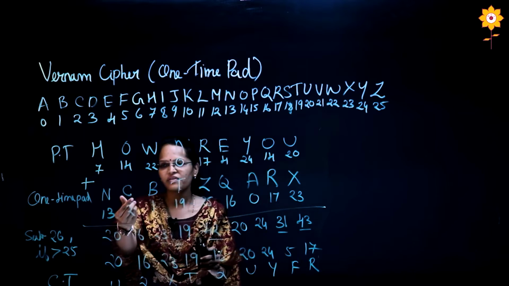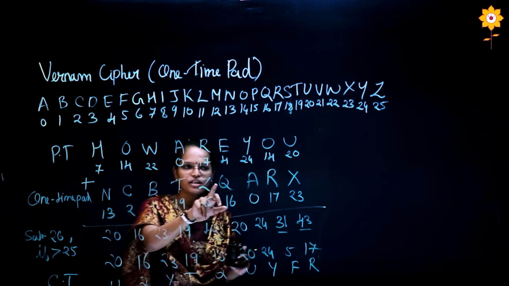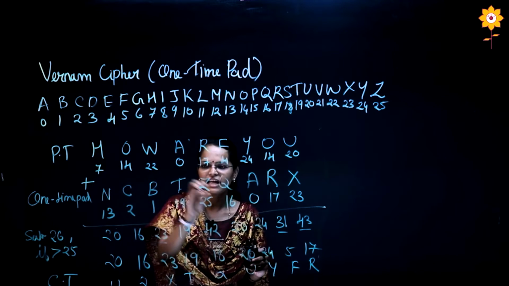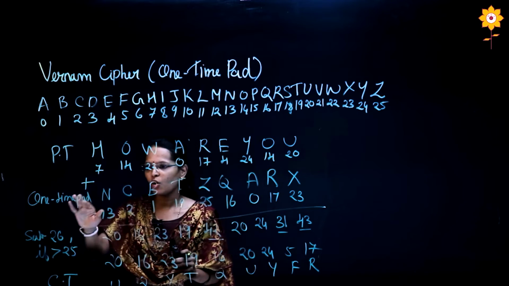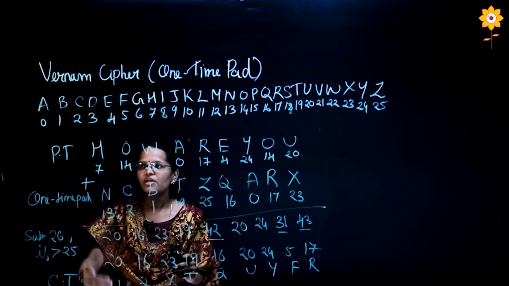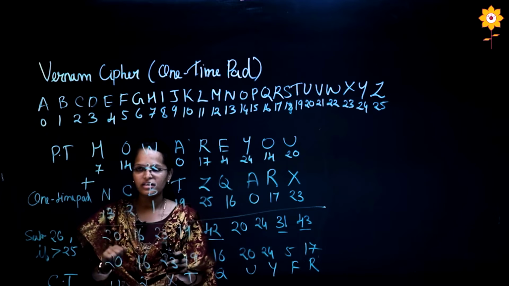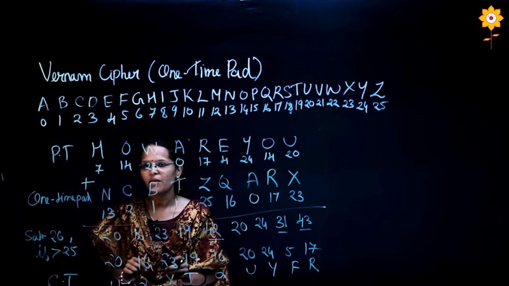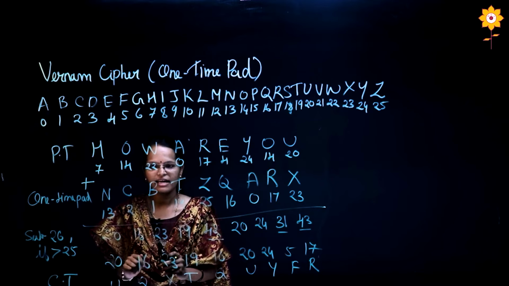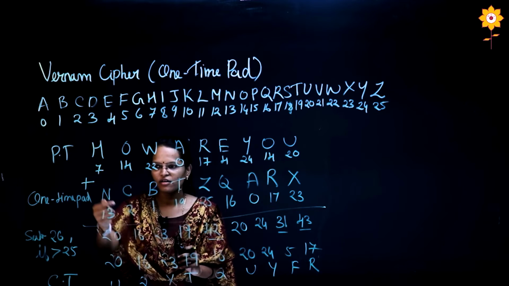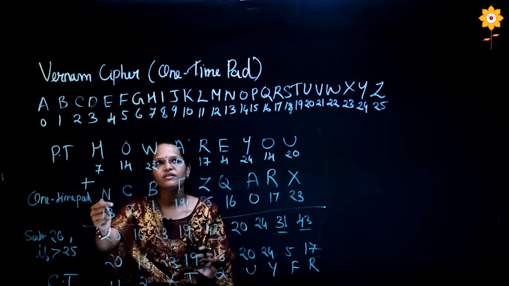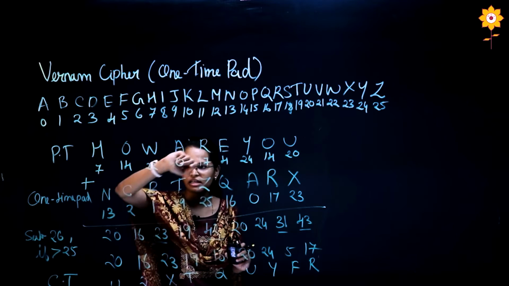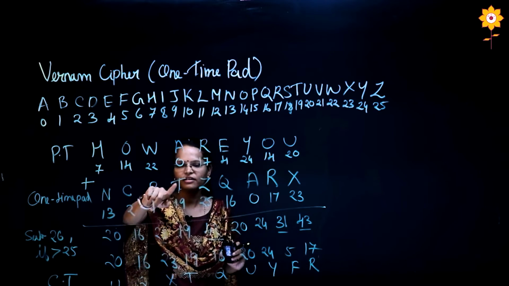Here we have considered N, C, B, T, Z, Q, A, R, X. You can consider any random sequence as your one-time pad. Similarly, what we have done for the plain text, the same thing we will do for the one-time pad. We need to number the characters present in the one-time pad. For example, under N we will write 13. Here you can see C, 2, B, 1, T, 19.